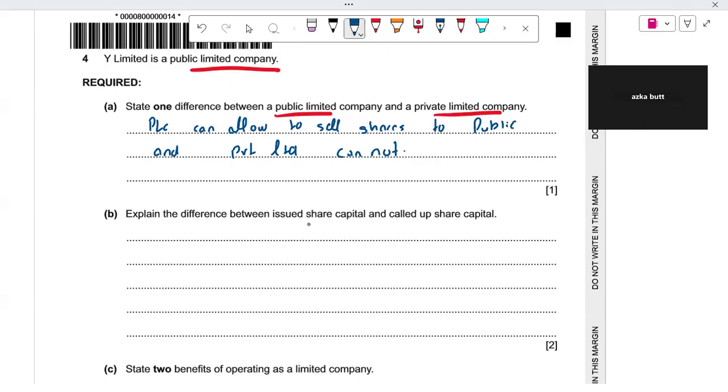Explain the difference between issued share capital and the called up share capital. So issued share capital is the amount of share capital issued to the shareholders.